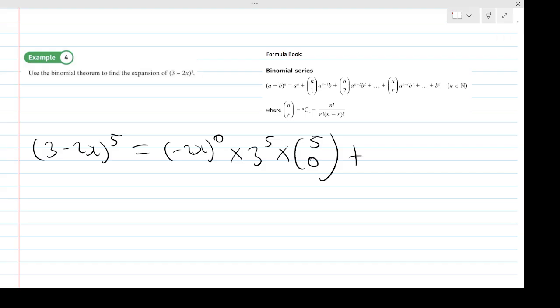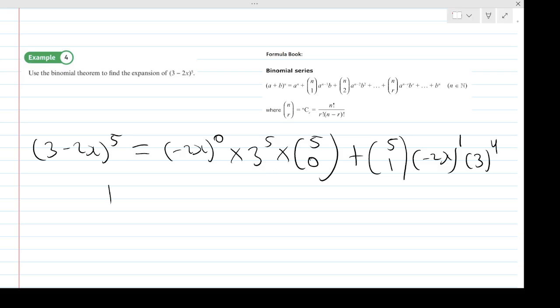The next term has a coefficient of 5 choose 1, and then the x part will be minus 2x. Remember, not x, it's minus 2x here, to a power of 1. So it's going up in powers by 1, and the corresponding 3 would have a power of 4, since 1 add 4 is 5.